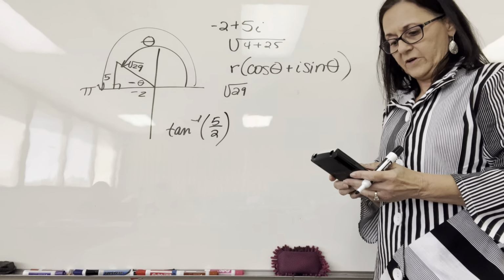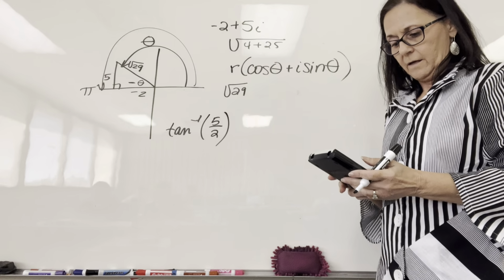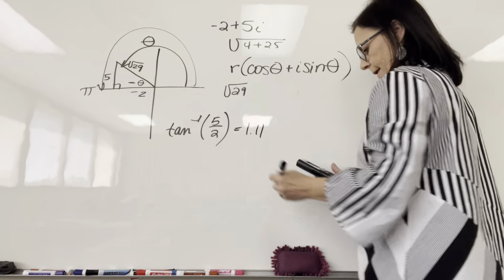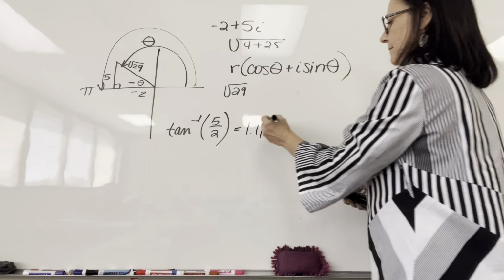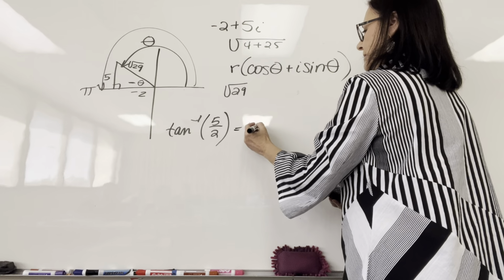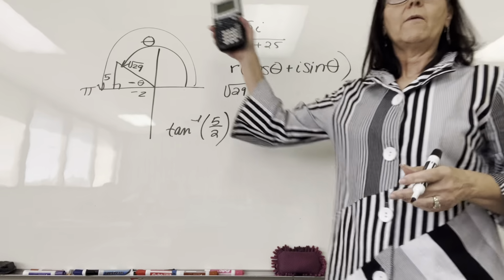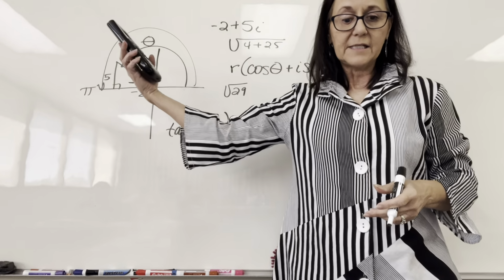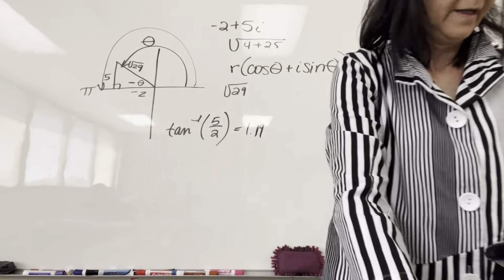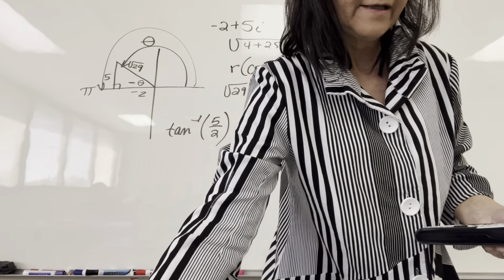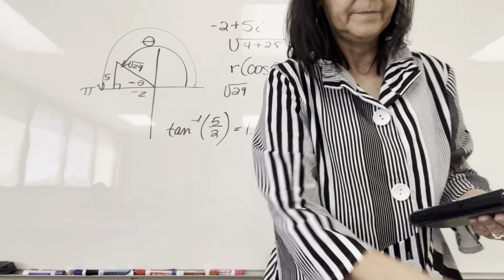What is the inverse tan? Say it. 1.19. Yes, 1.19. All right, I want to go all the way to pi and subtract the 1.19. So take pi minus that value.